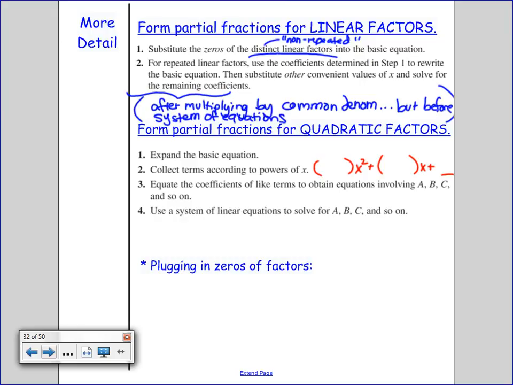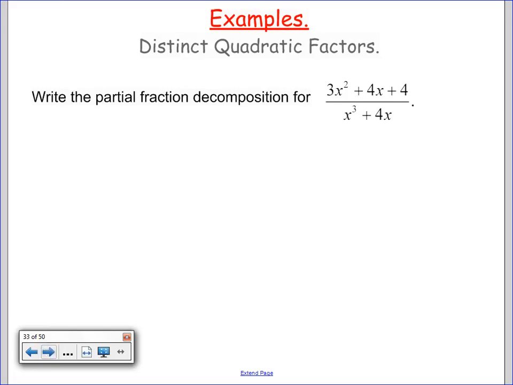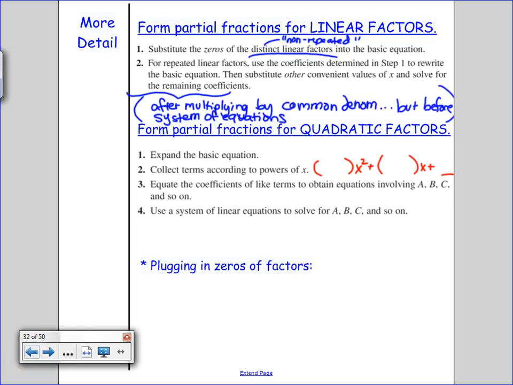For plugging in zeros of factors, let me see if I have an example I can use. That's probably going to be the easiest for you guys to catch on. That's a messy one with the x squared that Connor was saying. Let's do an example right here.